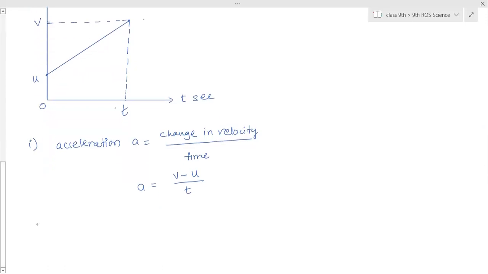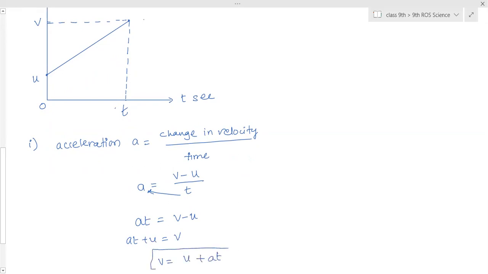Now we have to keep on simplifying this equation. t will transfer to the LHS. So a into t is equal to v minus u. This minus u will transfer again and it will become plus u. So at plus u is equal to v. In proper order, we write v is equal to u plus at.